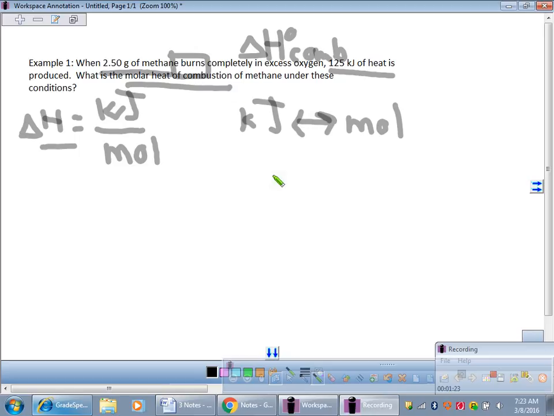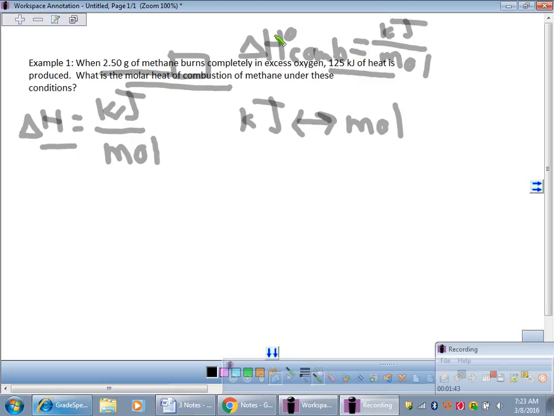Now, again, we need to be careful with what we're talking about. Molar heat of combustion is our delta H combustion, but heat is just kilojoules, while molar heat of combustion is kilojoules per mole. So I want you to be very careful when you're reading these problems.